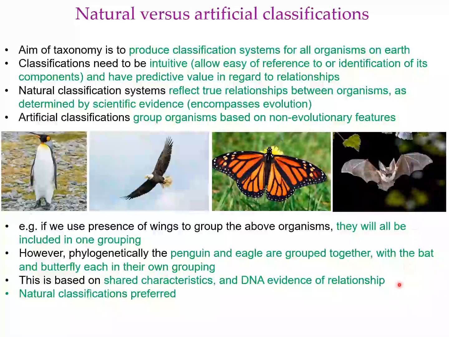So you can see the different impacts of artificial classification versus phylogenetic classification. So the natural or phylogenetic classification is based on shared characteristics and DNA evidence of relationship, and that's the key word here. So natural classifications are preferred because it allows us to infer information about relationships between taxa and also infer information about their evolution.